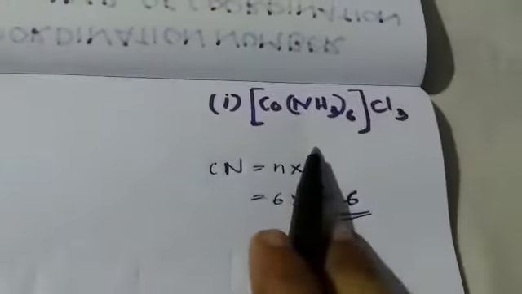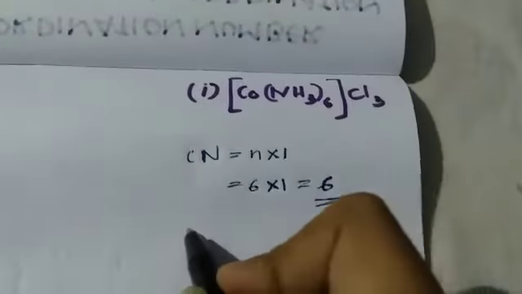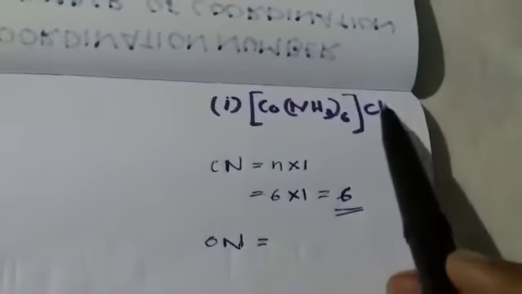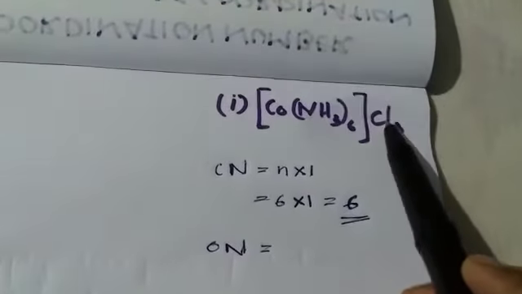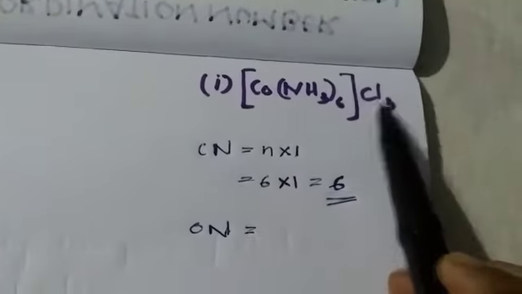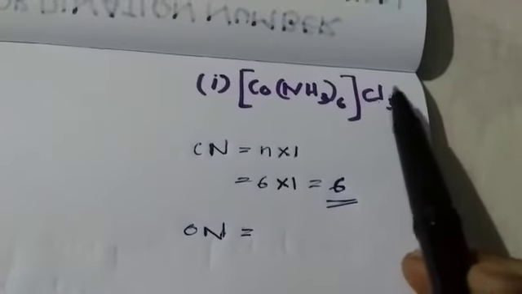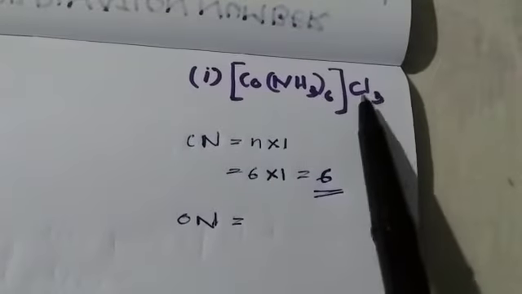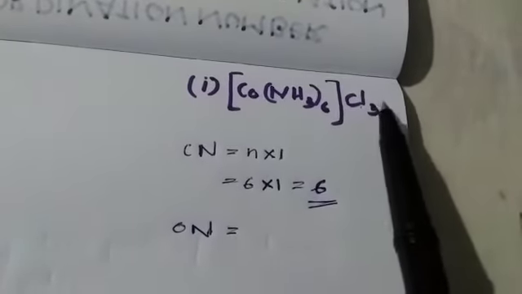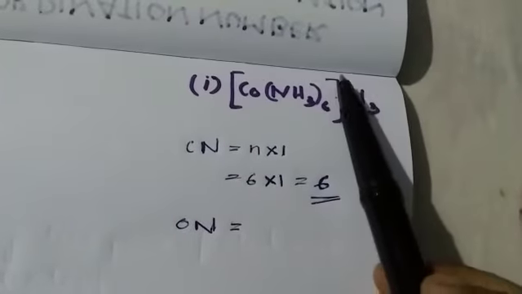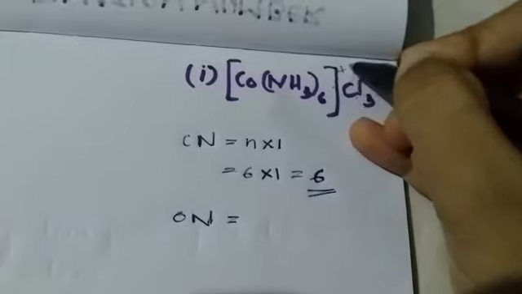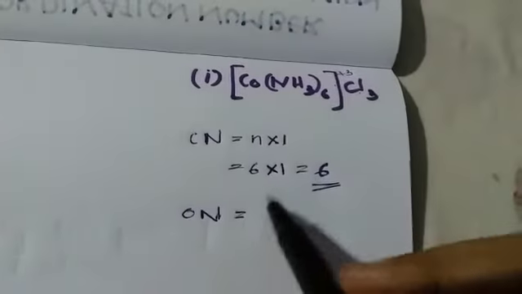Now we have to find the oxidation number of cobalt. Look here, chlorine is the ion. 3 chlorine ions are there with the charge -1, so the charge of the complex part will be +3.